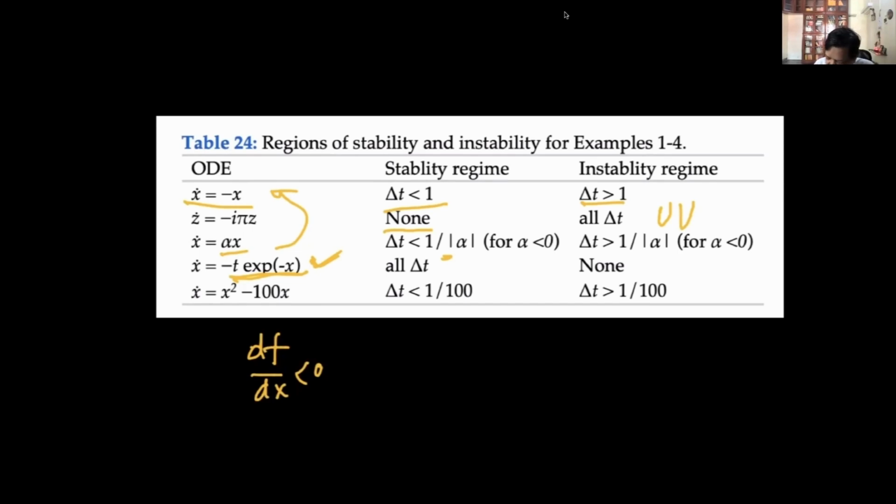Now this argument is somewhat complex, but stability basically follows from this term, dA by dx. So it's stable for delta t less than 1 by 100, and unstable for greater than 1 by 100.